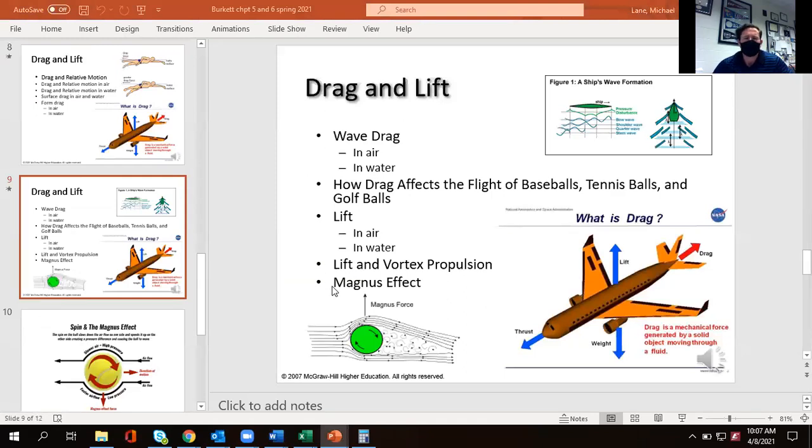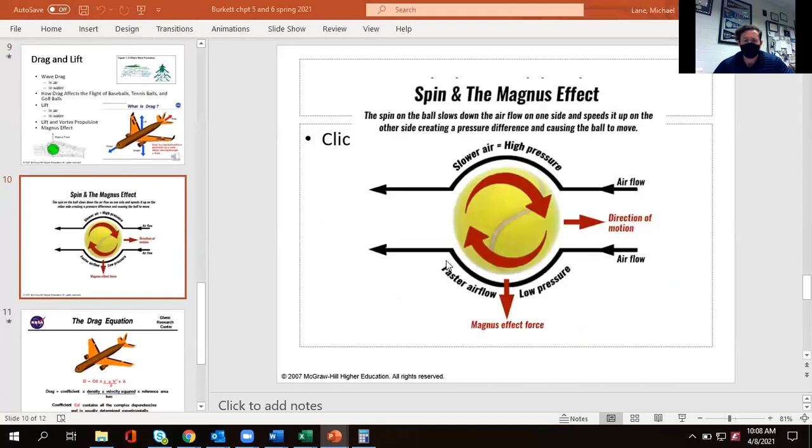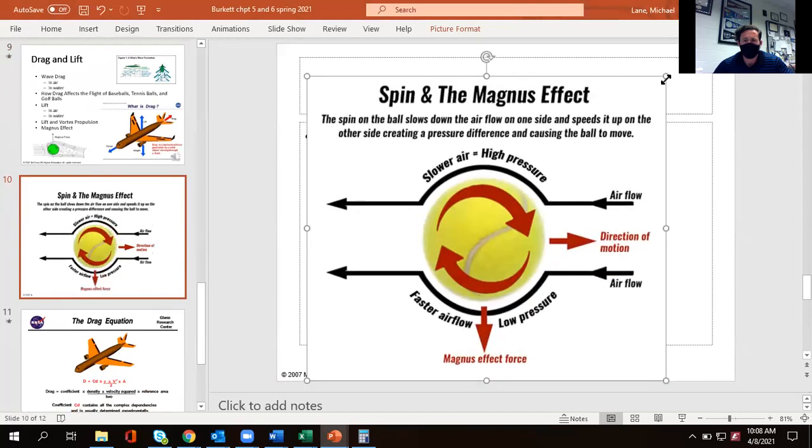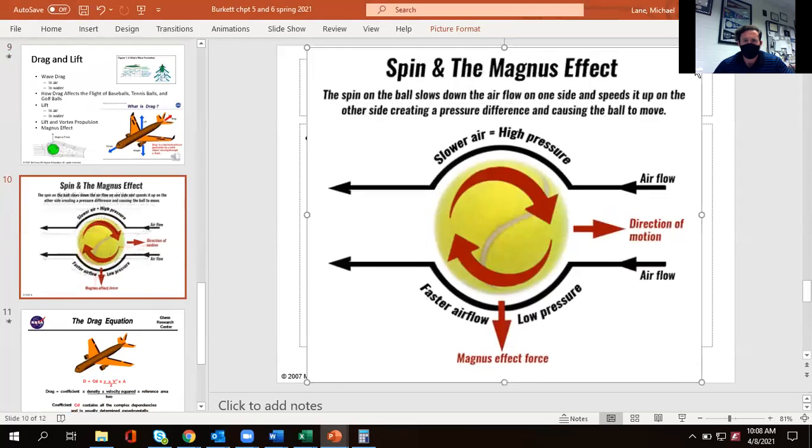Okay, so with Magnus effect, what we do is, due to the rotation of an object, we're creating higher pressure and lower pressure on two different sides of the object, which is going to cause that object to start to curve into that direction. So in fact, after giving the lecture, I went and found this happy little image to make things a little bit easier for folks to visualize, where effectively, because we're slowing down the air on one side, because we're pushing against it, and we're going faster in the other, in turn, it's going to create a bit of a vacuum, which in this example is going to shove the ball down.